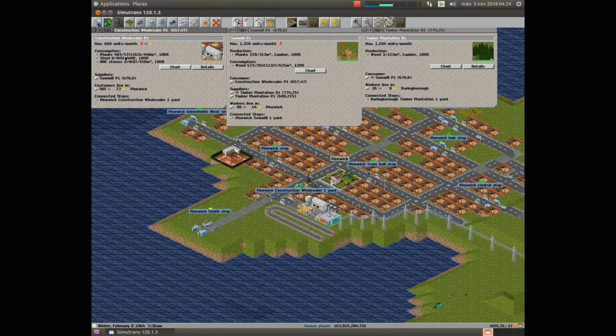The shop over here has only one contract with the sawmill, and they only sell planks. But there is a small difference between this type of industry and a car factory, and that we should take a look at now.